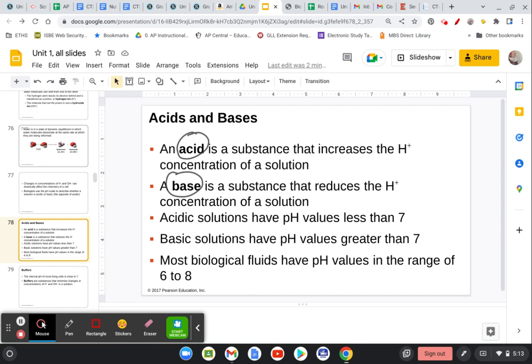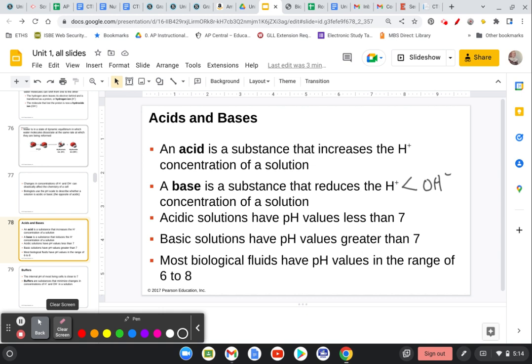So bases don't have as much H plus. They actually have more OH negative. So let me clear this out and do it this way. H plus is less than the OH negative concentration in a base. That just means that there's more hydroxide ions.